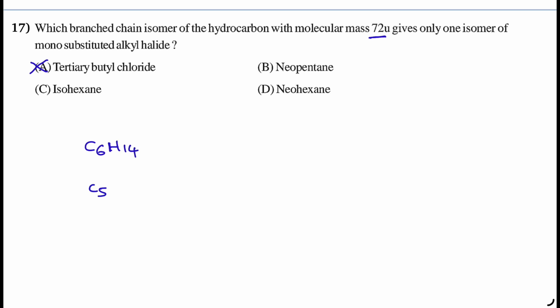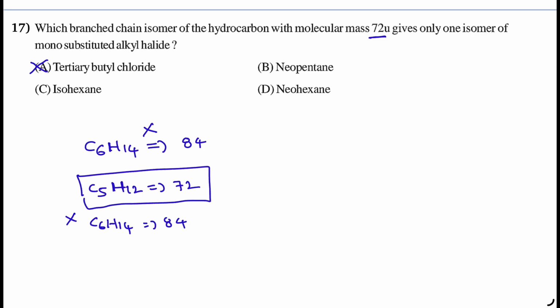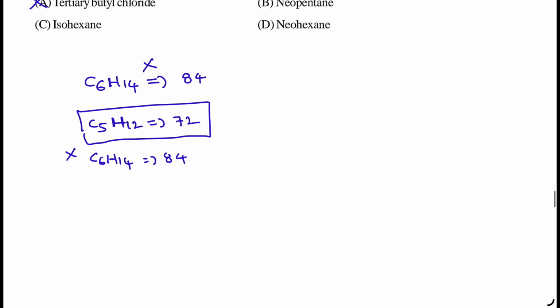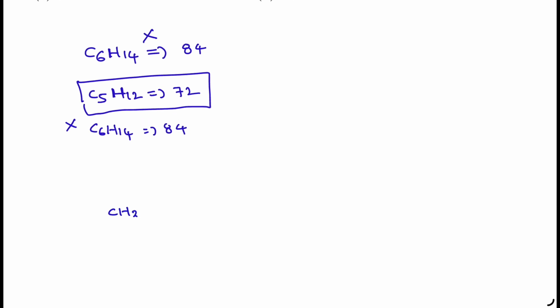Pentane, neopentane, so that is C5H12, neohexane C6H14, and here the molar mass is 84, here the molar mass is 72, here the molar mass is 84, so these two are also ruled out. So the only option remaining is C5H12, that is neopentane. But of course, at least we have to prove that on monochlorination, this will give only one monochlorinated product.